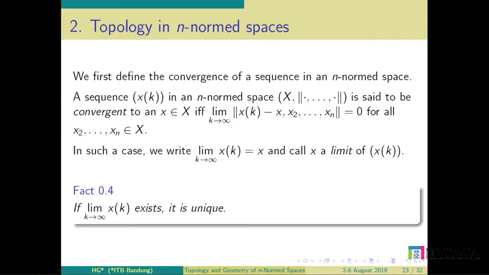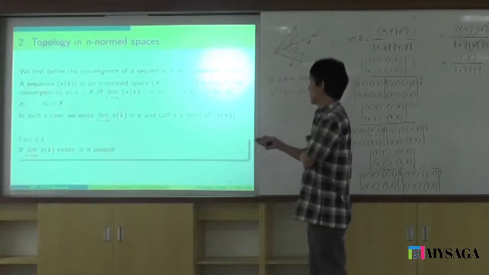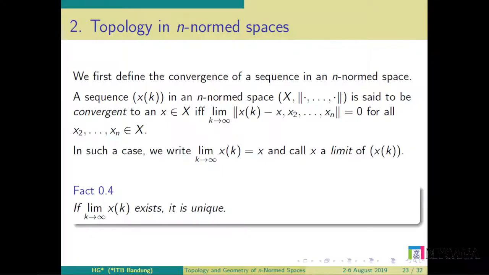So this notation is natural. A sequence x of k in a normed space X is said to converge to a vector x in the space if and only if this limit is equal to 0 for all x2 up to xn in X.